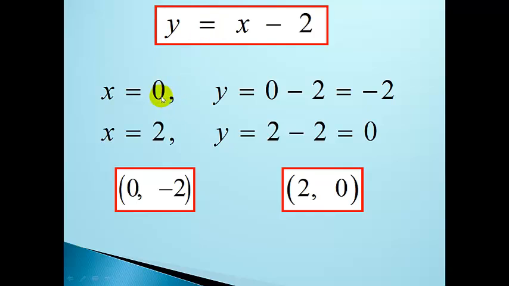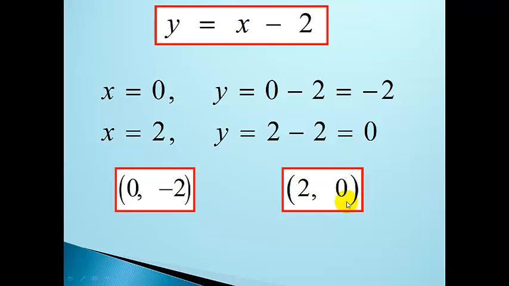We select values of x and use the relation to calculate their corresponding values of y. So when x equals 0, it means that wherever you see x, you put 0. So we have 0 minus 2, and the answer is minus 2. That means that 0, minus 2 is 1 point. When x equals 2, y will be equal to 2 minus 2, and the answer is 0. That means that 2, 0 is also another point.